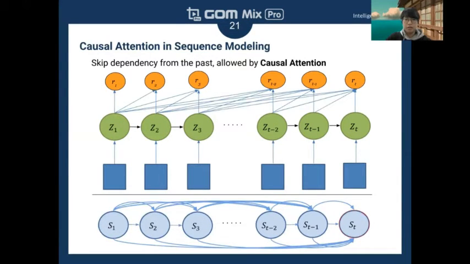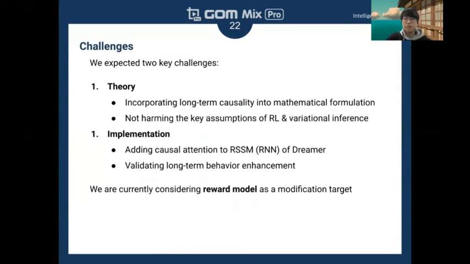But in causal attention, when you look at the past state to generate the current state, the attention provides arbitrary past skip connection, therefore facilitating long-term dependency. And finally, we expected two key challenges in applying the attention to the Dreamer. But to make the problem easy, we initially decided the reward model as the modification target.